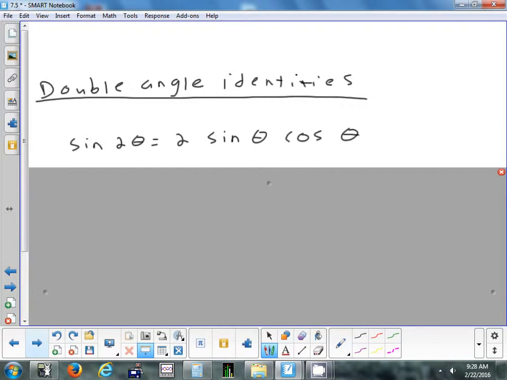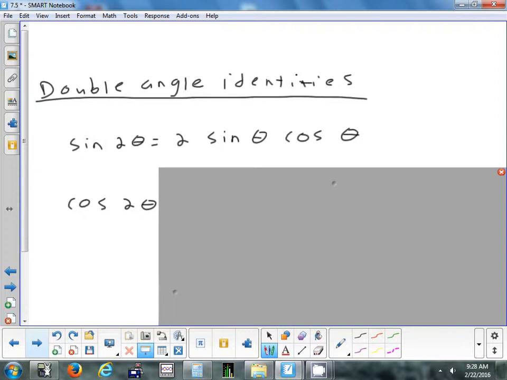Sine 2 theta equals 2 sine cosine. And out of all the double angle formulas, it's actually the only one that I have memorized. If I need the cosine one or the tangent one, I have to just look it up. And that's all you'd have to do with this too.